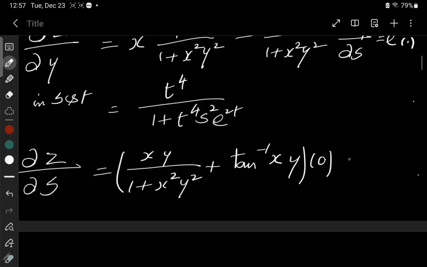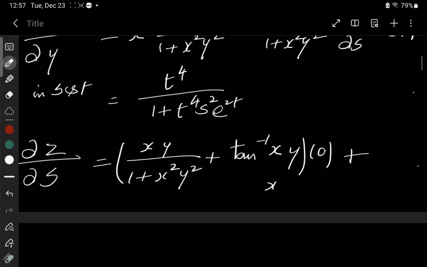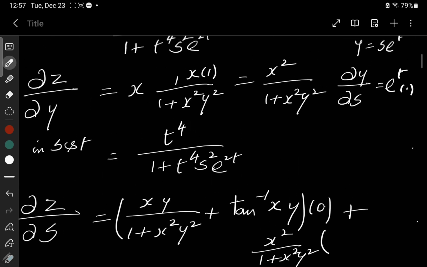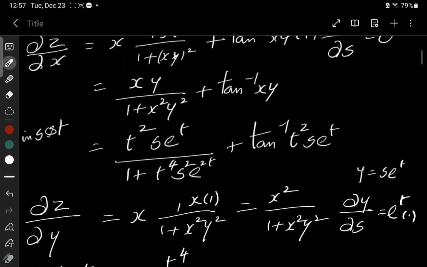Next is dou z by dou y, that is x squared by 1 plus x squared y squared, into dou y by dou s, which is e power t. So this is fully what you will get here.